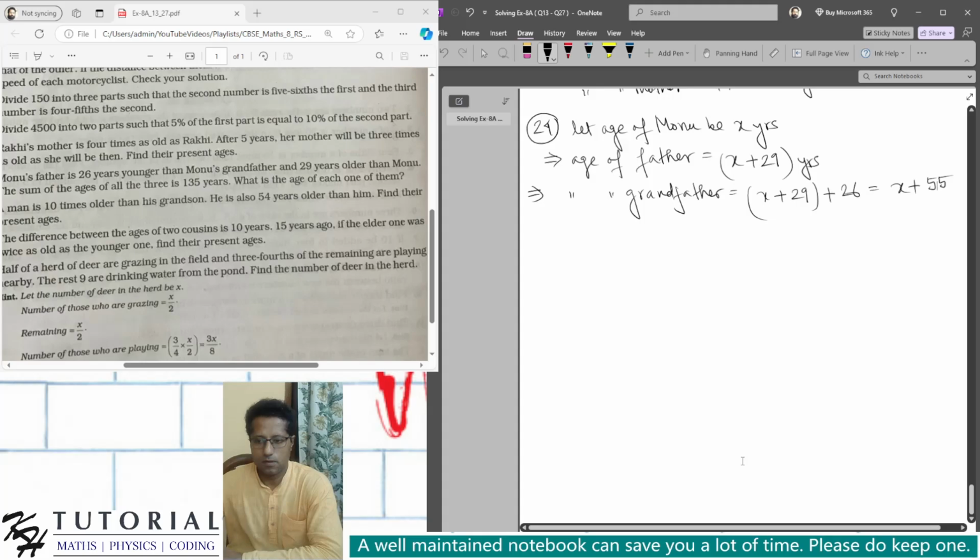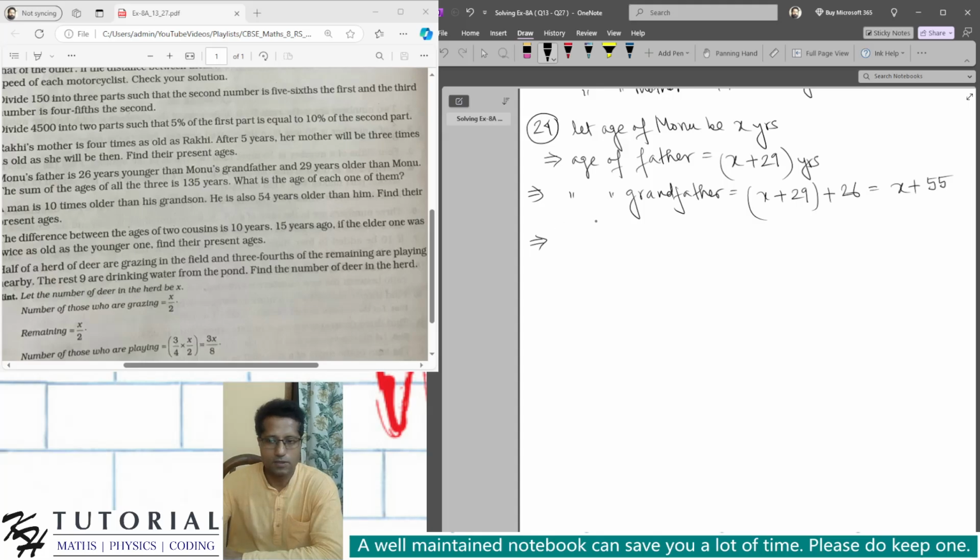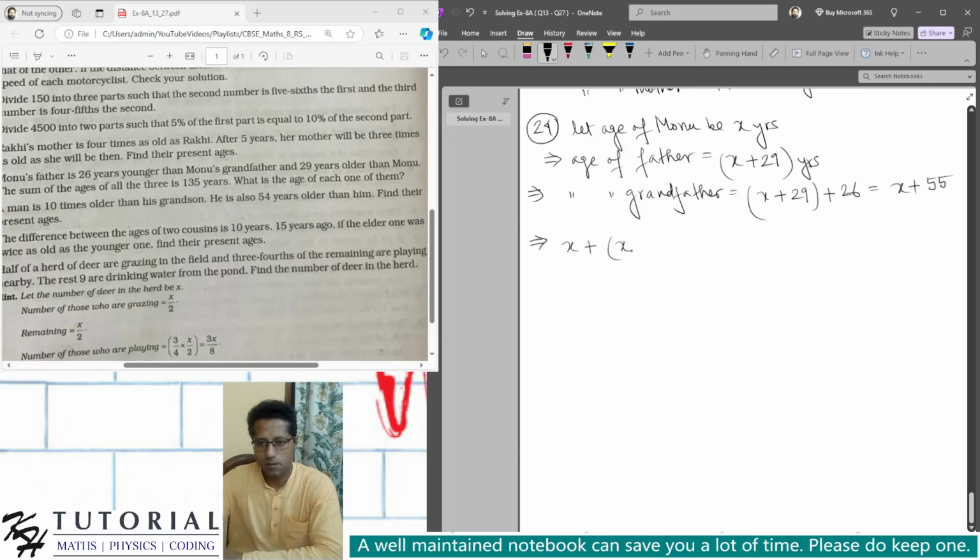It is also given that the sum of the ages of all three persons, that is Monu, Monu's father, and Monu's grandfather, is 135 years. So we can say x plus 29 plus x plus 55 is equal to 135.